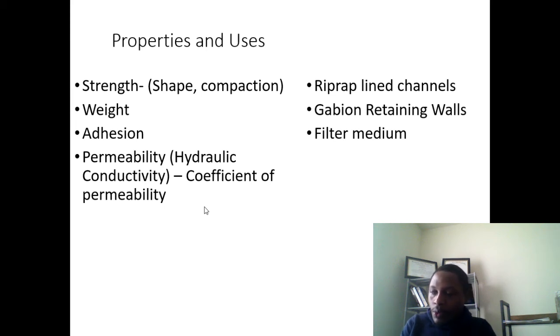Okay, so if you have aggregates which are more permeable, okay, which can allow water to go through it easily, then such kind of aggregates can be used as gabion retaining walls, because we want to retain some of the soil, okay, and allow water to pass through. Okay, then we use a more permeable material for such kind of a job.